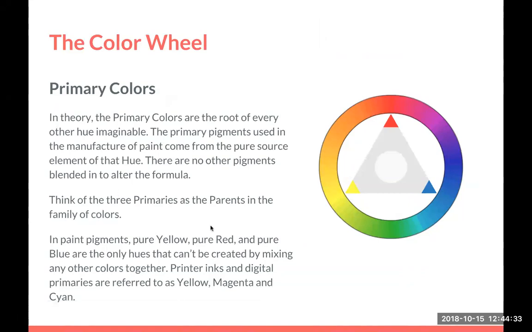But chances are good, what I think of as pure yellow and what you think of as pure yellow are probably the same color yellow. And what I think of as pure red and what you think of as pure red, we're probably pretty close to each other. But that blue one has really been baffling scientists. So that's what makes that article so interesting of a read if you're into color.